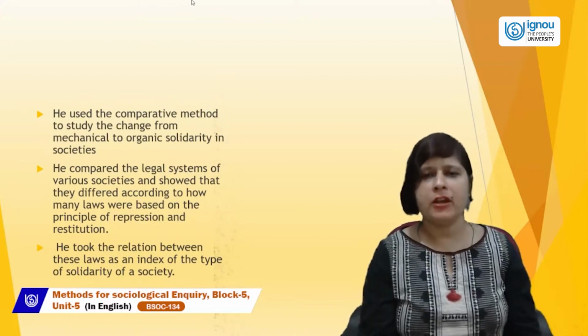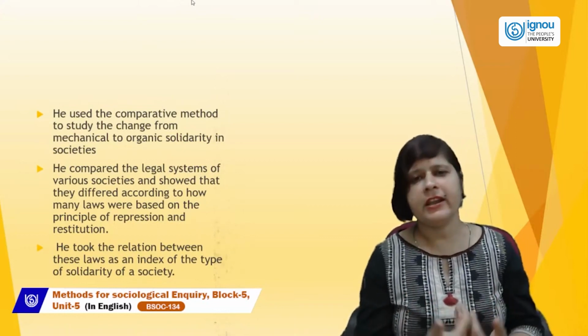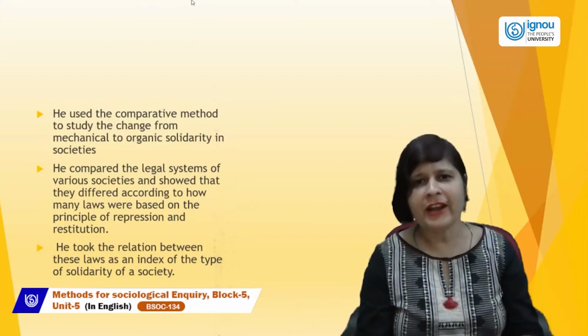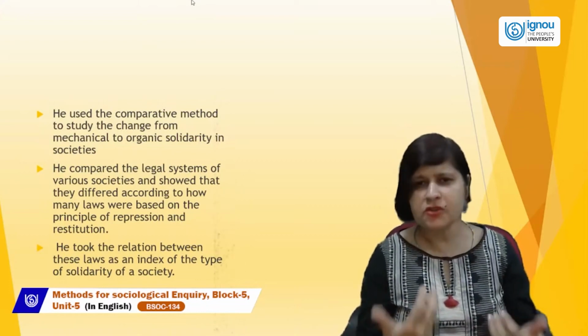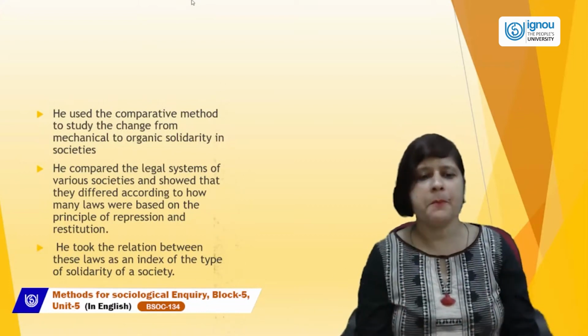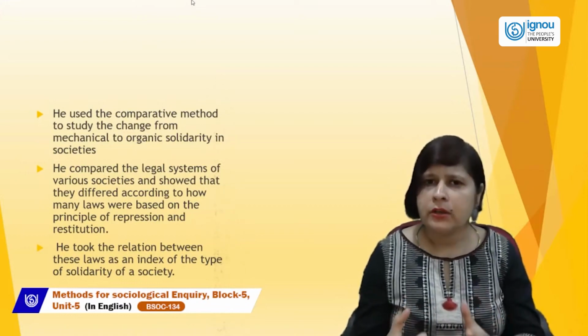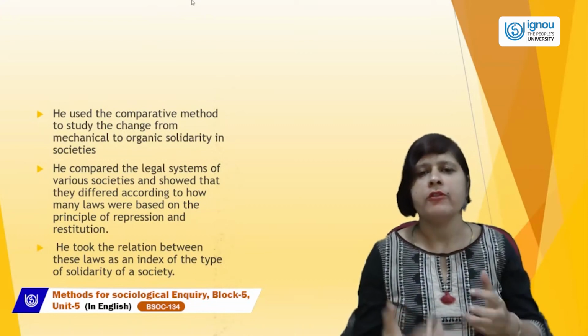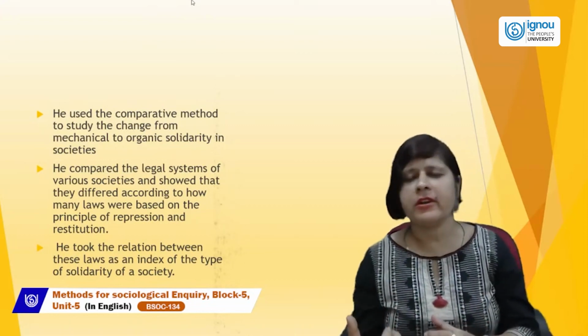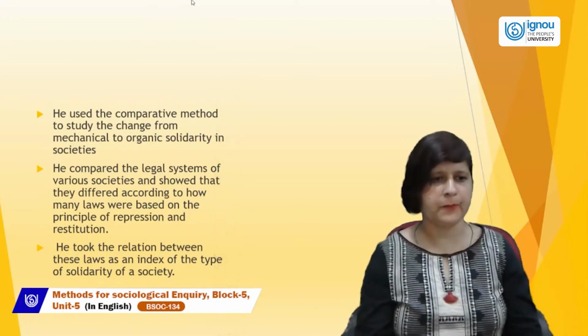It is because of their needs. There is a solidarity there; these needs bind the society together. So he used the comparative method to show how society evolved from the mechanical to the organic solidarity stage.